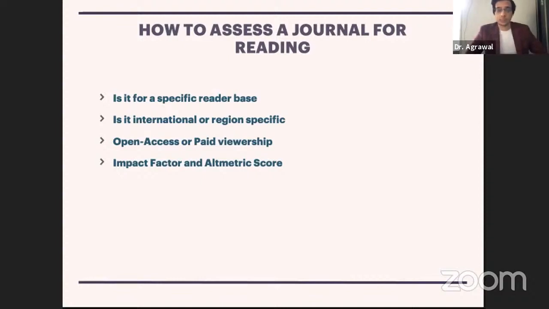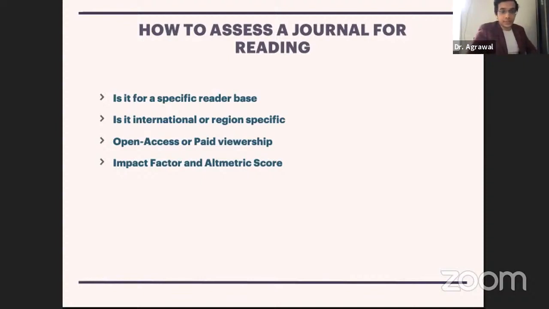So if you're studying the prevalence or the incidence of a disease in, say, a state in India, studies from the US would probably not be useful to you. Then, is it open access or paid viewership? Open access means that all journal articles are free for you to view and read the full text of.